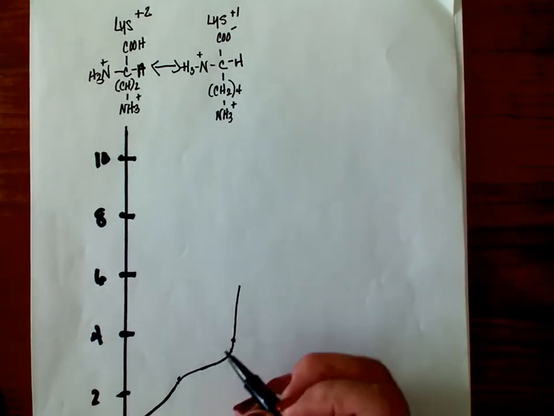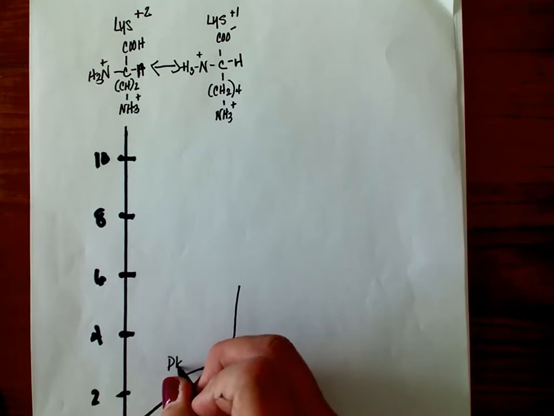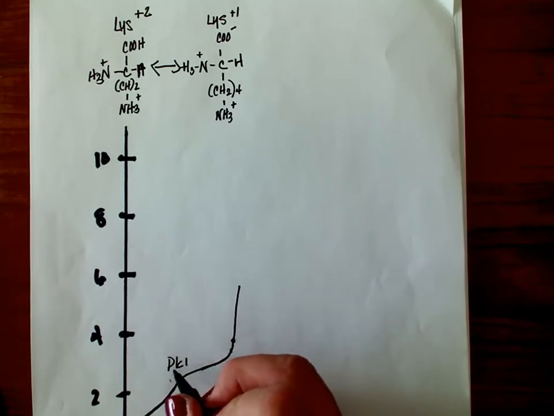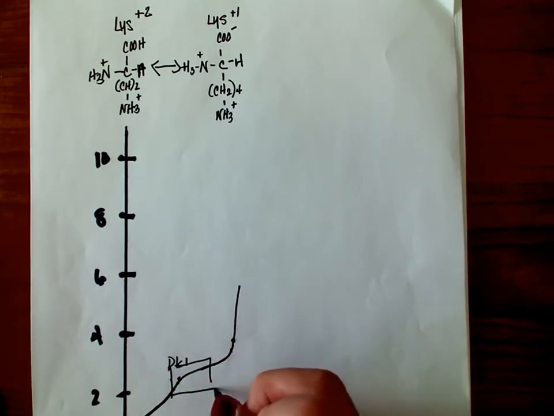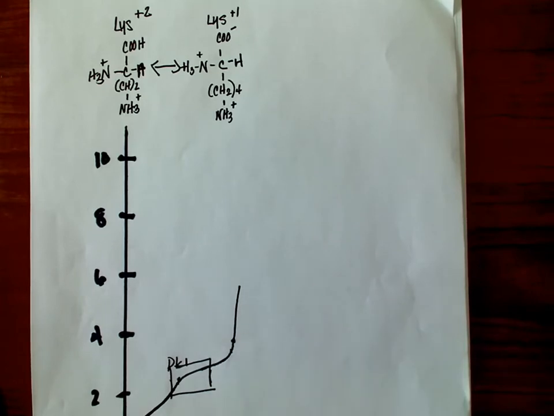So this is pK1, and we have some buffering going on here in that buffer region.